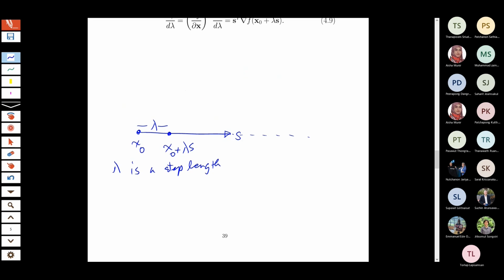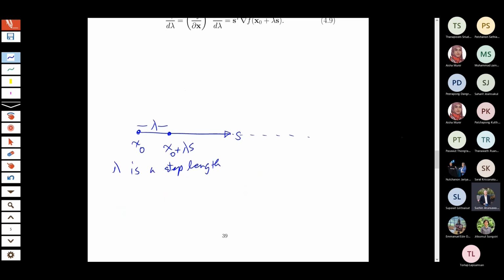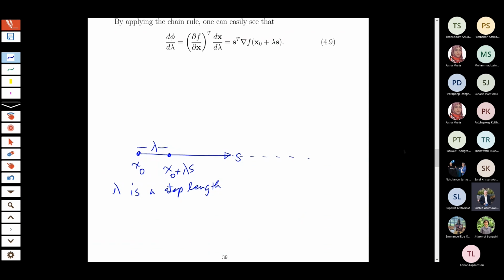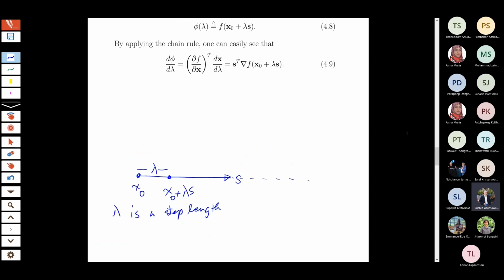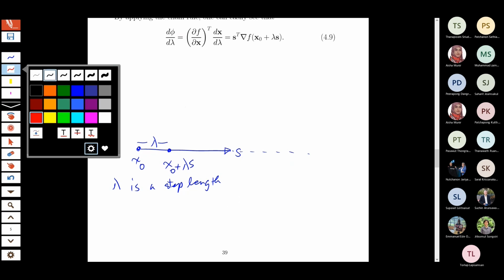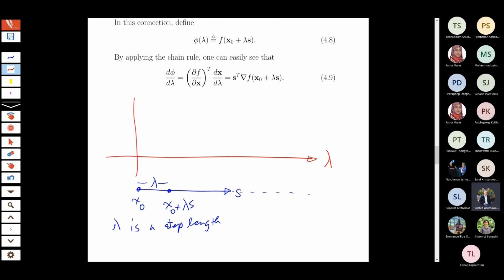Okay, so once we move in one direction, once x naught and s are given, then it becomes a one-dimensional problem. We use this many times.